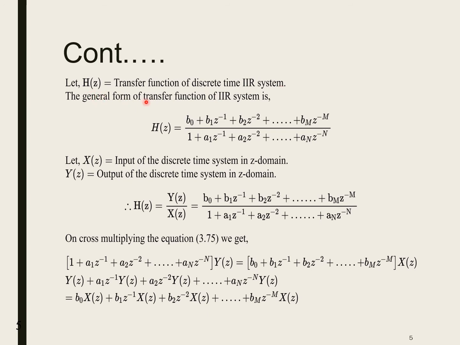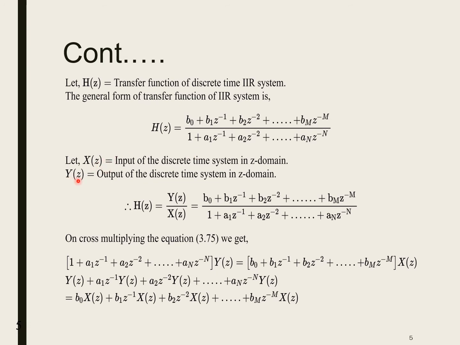The general representation of an IIR system is H of z can be represented as B0 plus B1 z inverse plus B2 z to the power of minus 2 plus etc. up to Bm z to the power of minus m divided by 1 plus A1 z inverse plus A2 z to the power of minus 2 plus etc. up to An z to the power of minus n, where the A series and B series, An and Bm, are coefficients.